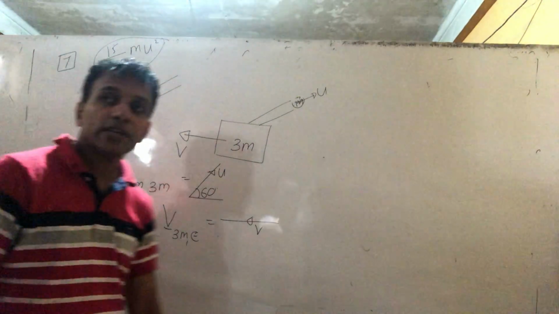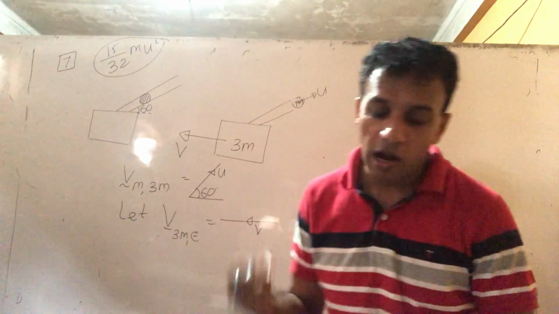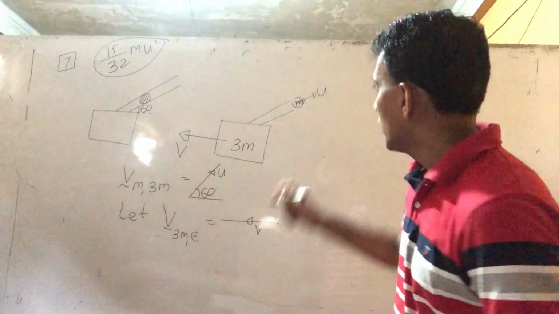So I want to find the velocity relative to earth to apply half mu square in that case.